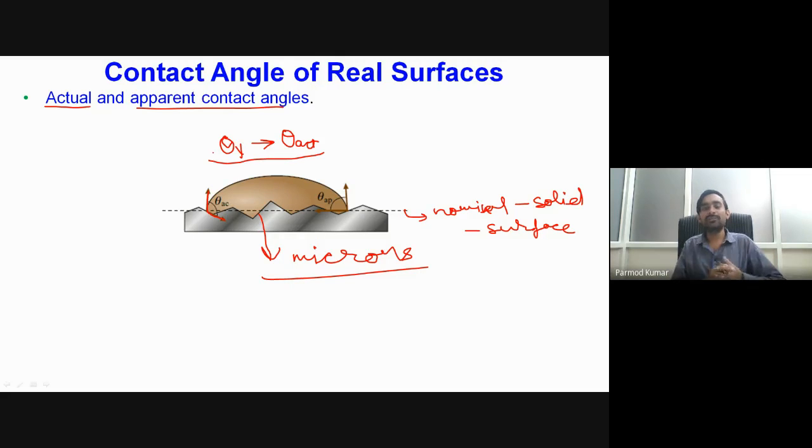So one important conclusion: if we have to do numerical simulations, then instead of supplying the apparent contact angle as a boundary condition, we should supply the actual contact angle. Whatever theoretical analysis or numerical simulations we perform, we should know the value of the actual contact angle.